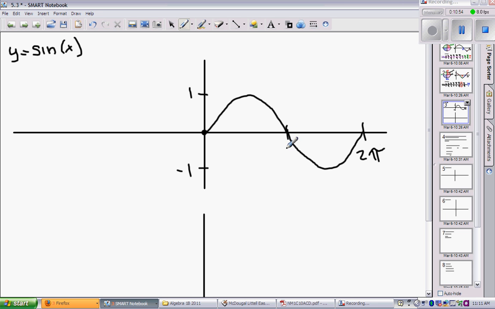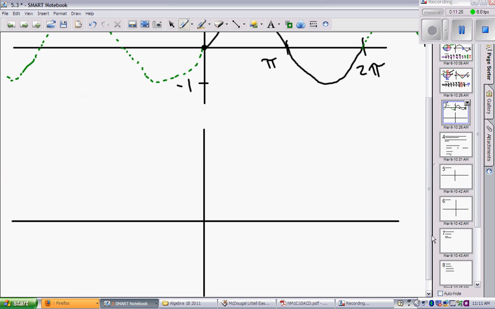This point right here where it crosses the x-axis, your intercept is pi. Now this could continue in either direction. It doesn't just do this one curve. It continues in both directions.